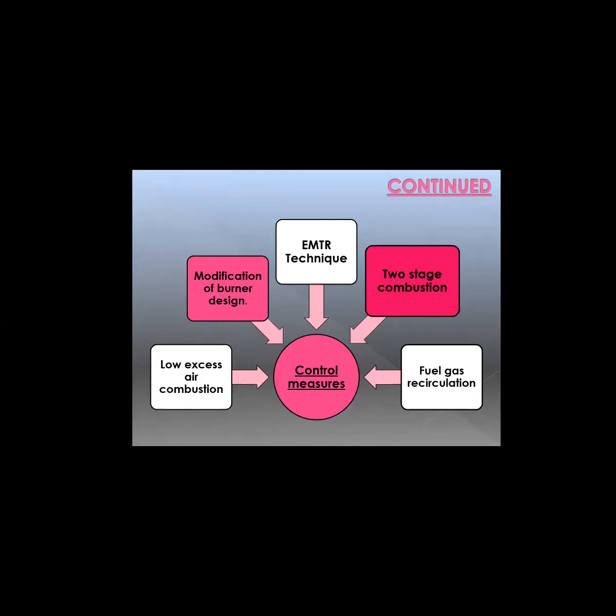So as a result, the peak temperature is reduced. And if the peak temperature is reduced, then as I said earlier, it will contribute towards the reduction of the emission of oxide of nitrogen.